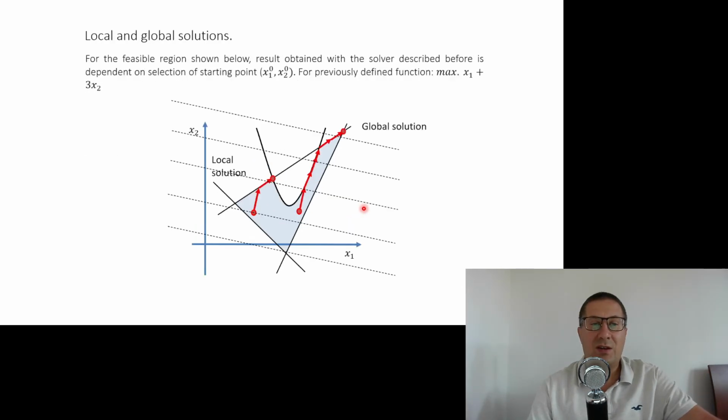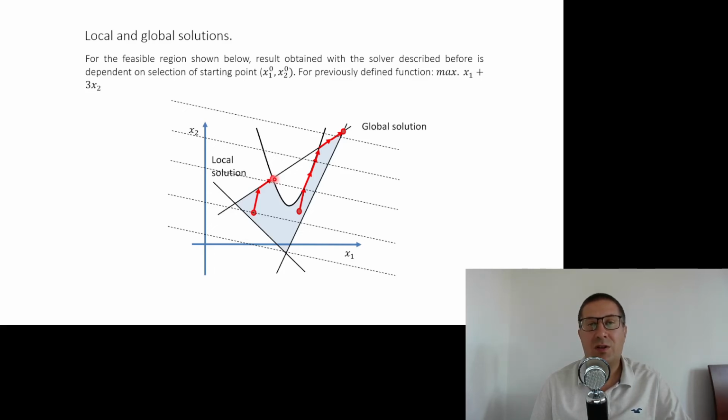In case of non-convex problems, like this one, the result obtained depends on our starting point. If the starting point is here, we will follow the gradient, we will reach this constraint, and we will end up here, which is a local solution.